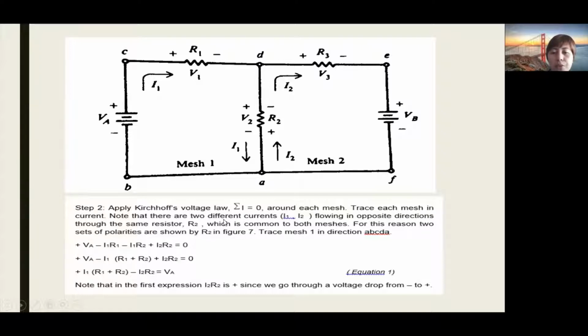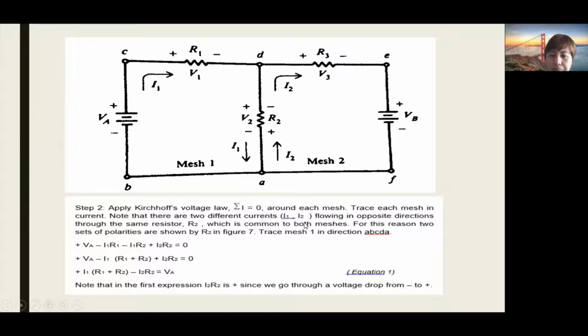Note that there are two different currents, I sub 1 and I sub 2, flowing in opposite directions. I sub 1 is going down, and I sub 2 is going up.